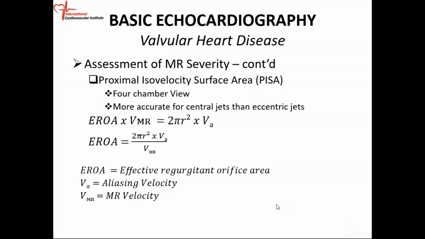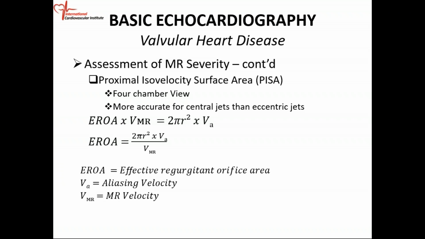So one of the more accurate methods of assessing mitral regurgitation is the so-called PISA method, and it stands for proximal isovelocity surface area. When you have regurgitation, a backflow of blood from the left ventricle across the mitral valve and into the left atrium, so the regurgitation is going backwards, you're going to have what we call flow convergence.